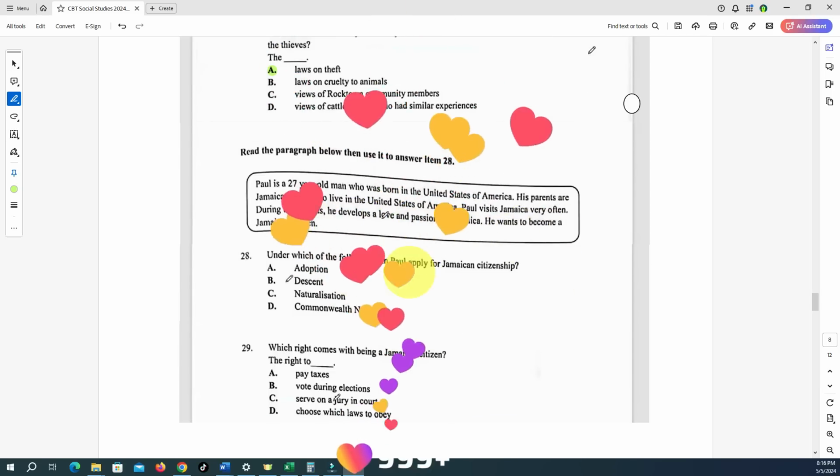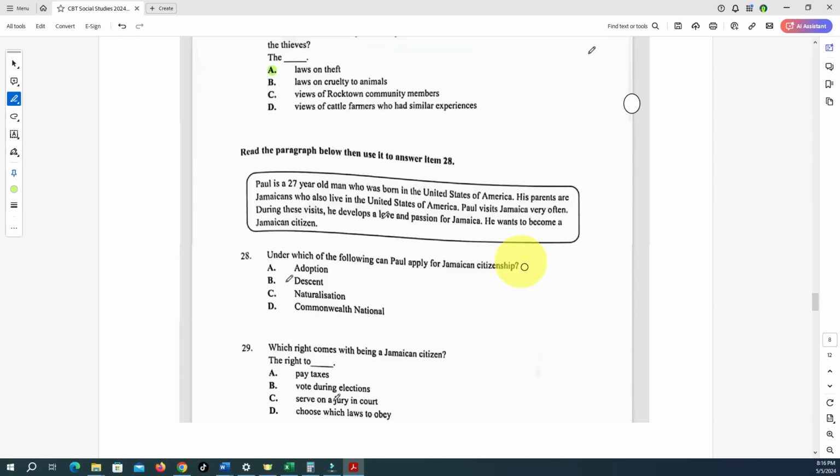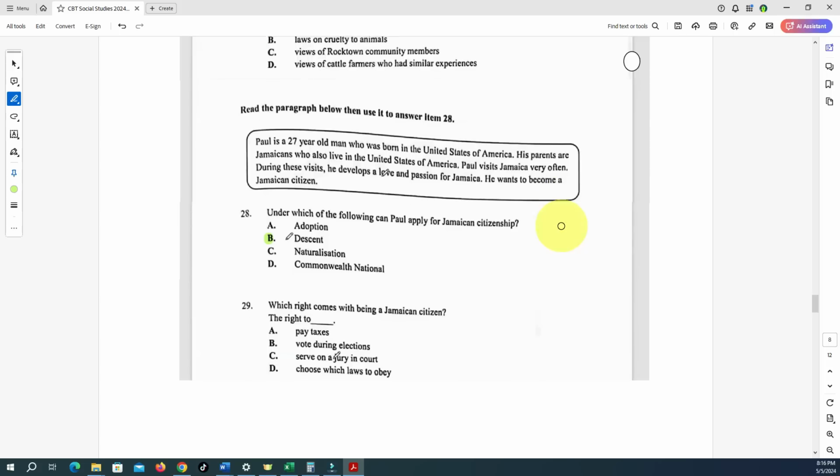Under which of the following can Paul apply for Jamaican citizenship? Commonwealth national? No, that's the Commonwealth. Naturalization? No. Adoption? I'll say that it's descent. Since the parents are Jamaican, it's descent. I think definitely it's descent.